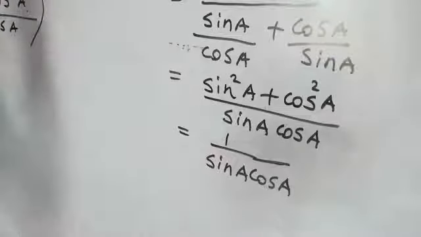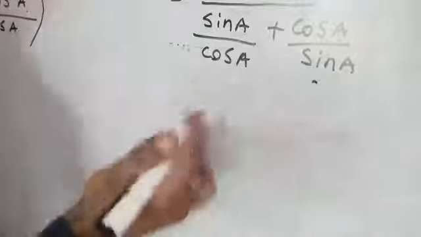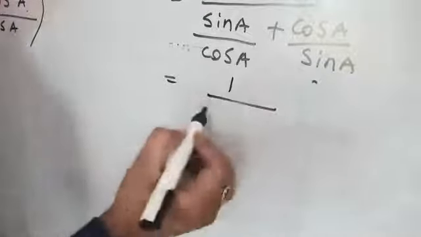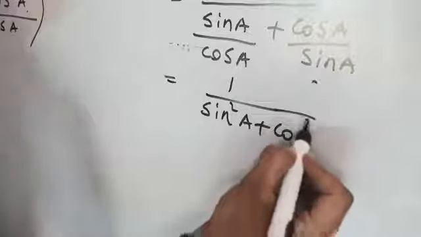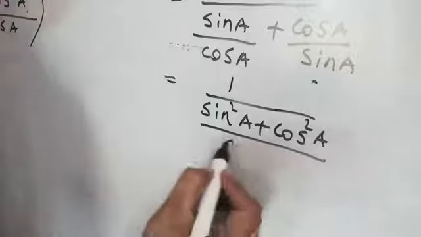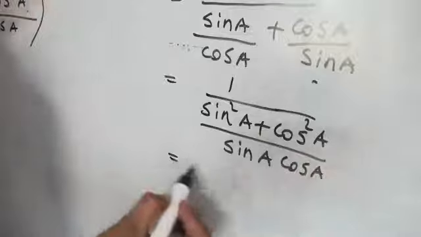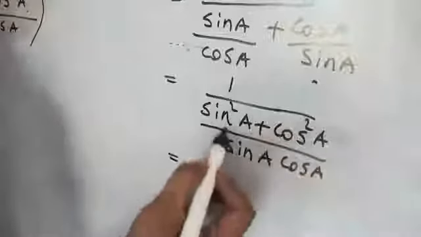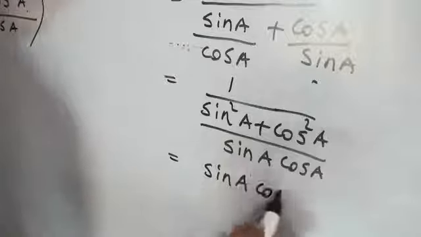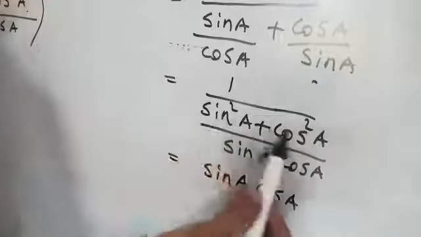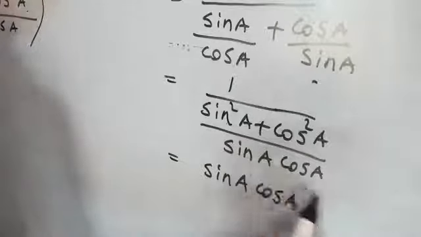So 1 upon this, 1 upon 1 upon sin A cos A, the sin A cos A will go up to the numerator.